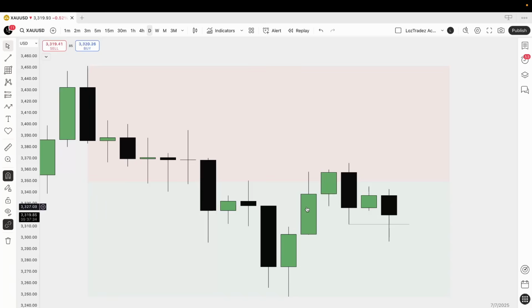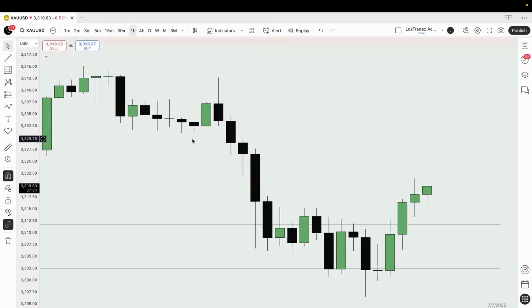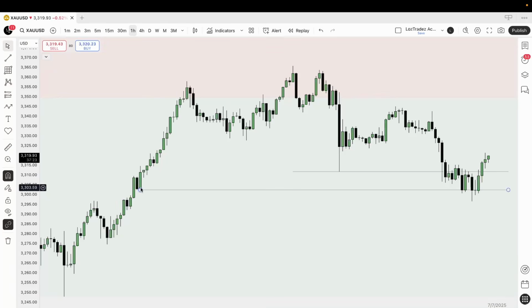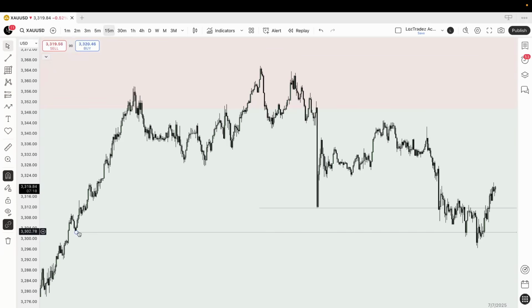It's also paired up with a range low. Why is this a range low? Well, because if we drop time frame, it's a range low. If we drop time frame even further, it looks like it even more. Okay, so the orders are being paired down here with the highs up here.